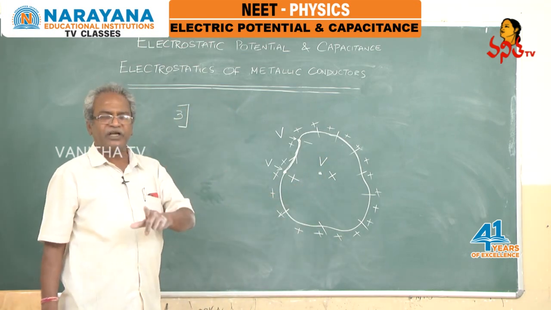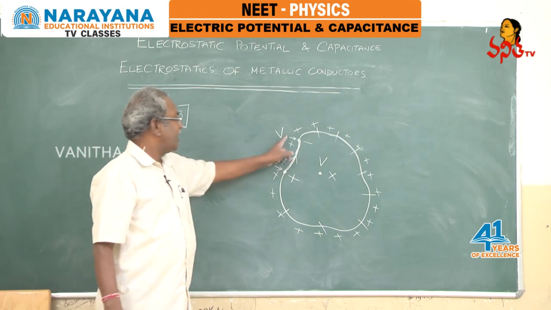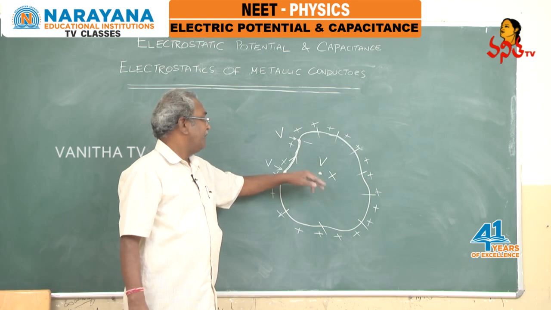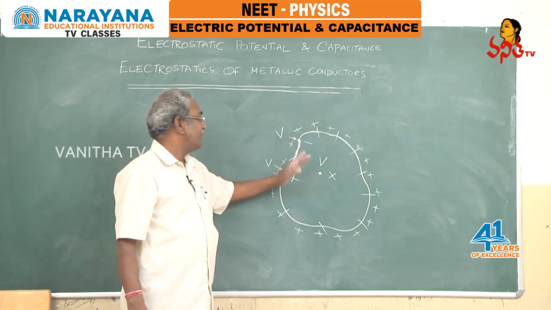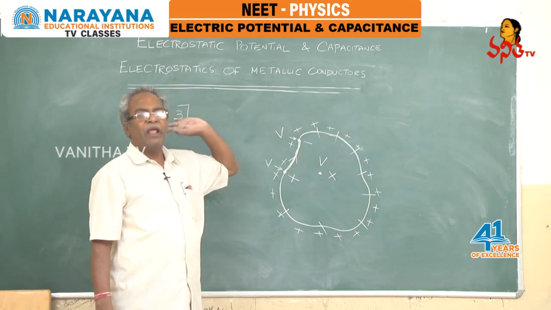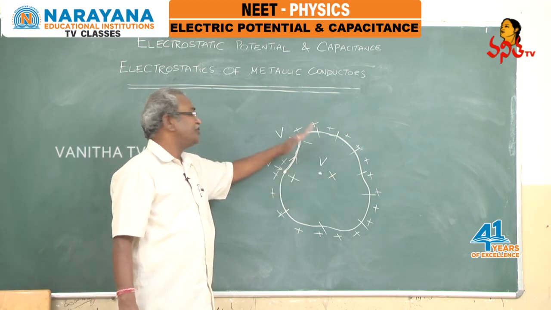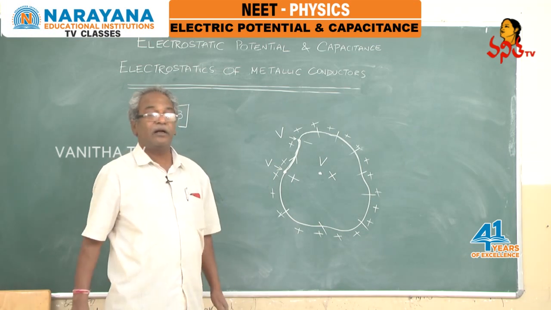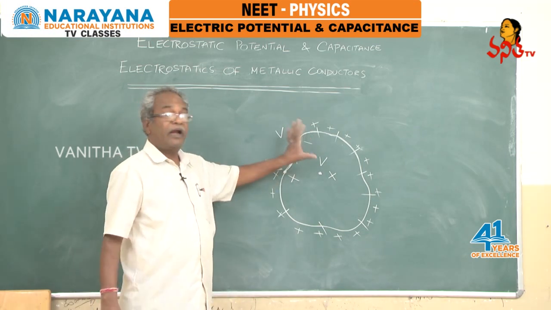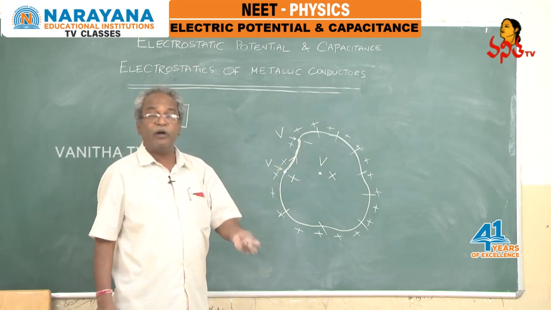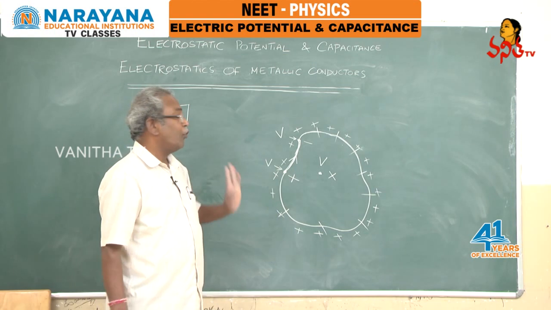If at all potential is not V there, suppose it is higher than here, then if there is a potential difference from here to here, currents will automatically flow from high potential to low potential within that charged conductor.